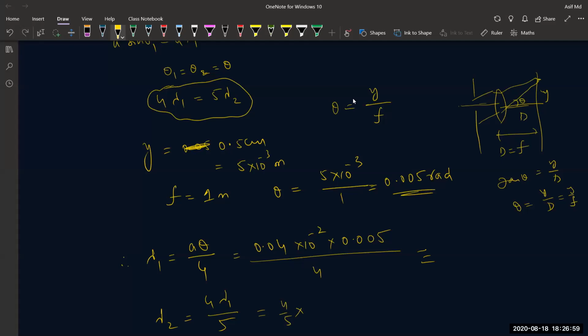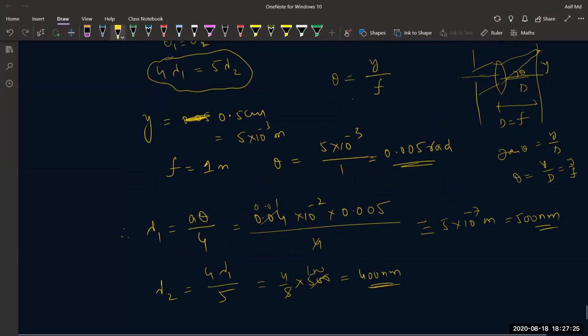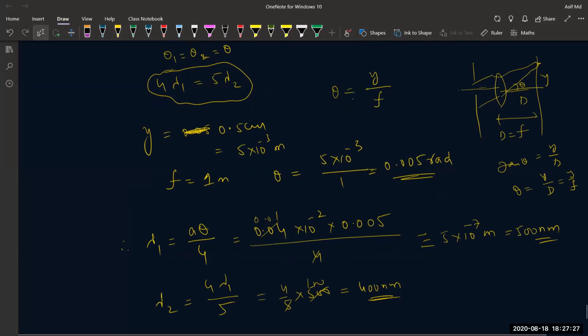Whatever I get, lambda 1 will become 5 into 10 to the power of minus 7 meters, which in nanometers is 500 nanometers. And this will become 400 nanometers. So lambda 1 is 500 nanometers and lambda 2 is equal to 400 nanometers.